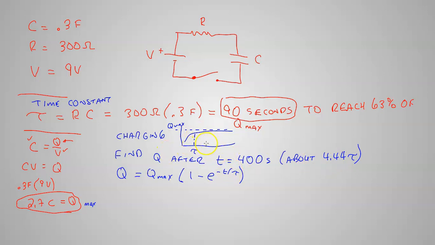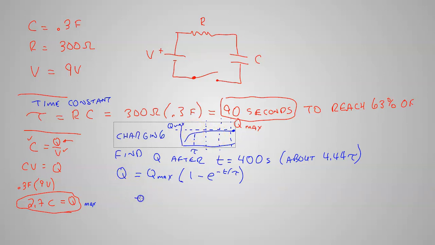Here's 1, here's 2. Let's start way up here. Here's the second time constant, and the third time constant, and the fourth time constant. And we're out here somewhere. Okay? So we're going to be getting really close to maximum charge on this thing.